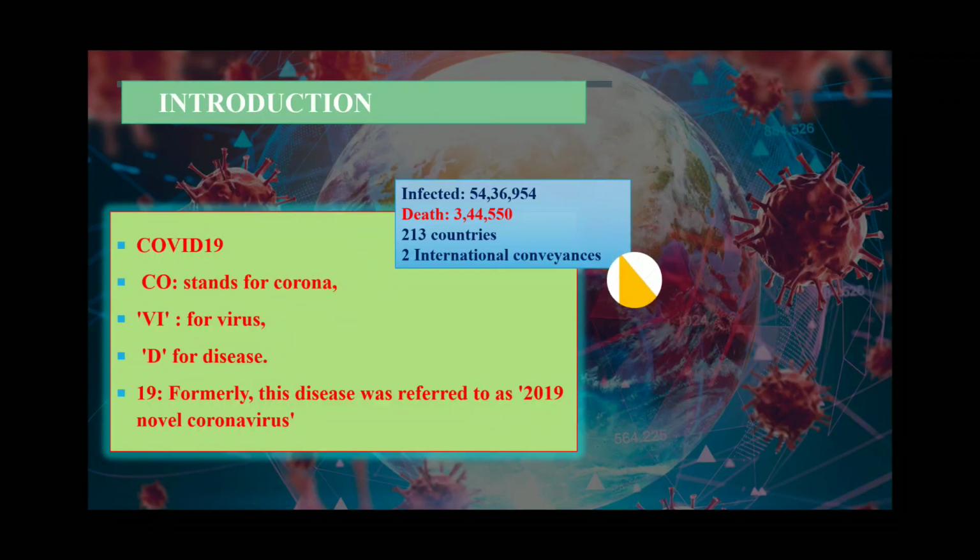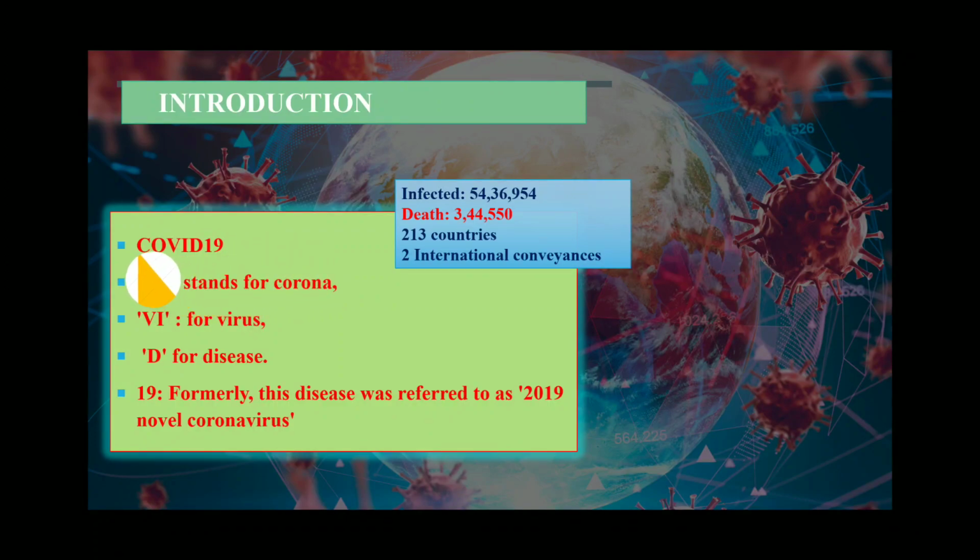So I want to ask something. Is it only coronavirus or something else is there? Yes, no doubt it is coronavirus only, but the main disease name is COVID-19. It is not a corona disease. It's a COVID-19. Yes, it is a family of coronavirus.